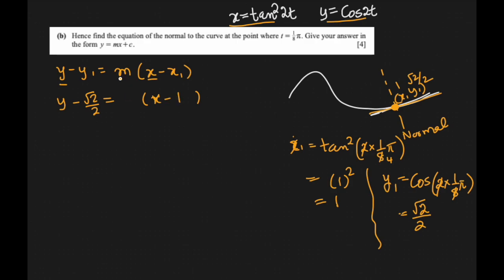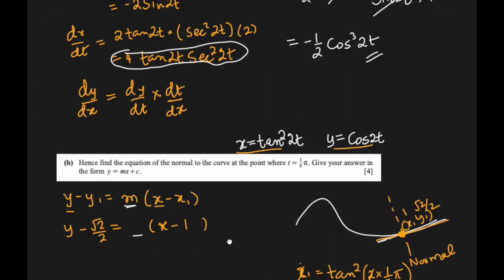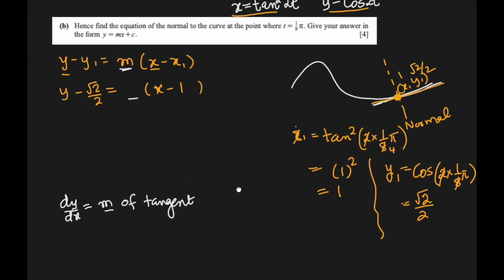Now what's left? m. For m, we should know that the dy over dx we got in the previous part is the same as m of tangent. That means the gradient of tangent, but we want the gradient of normal here. This m is of normal. So first we will have to find the tangent, then we can find the normal's gradient. So dy over dx we got as minus 1 over 2 cos cube 2t.